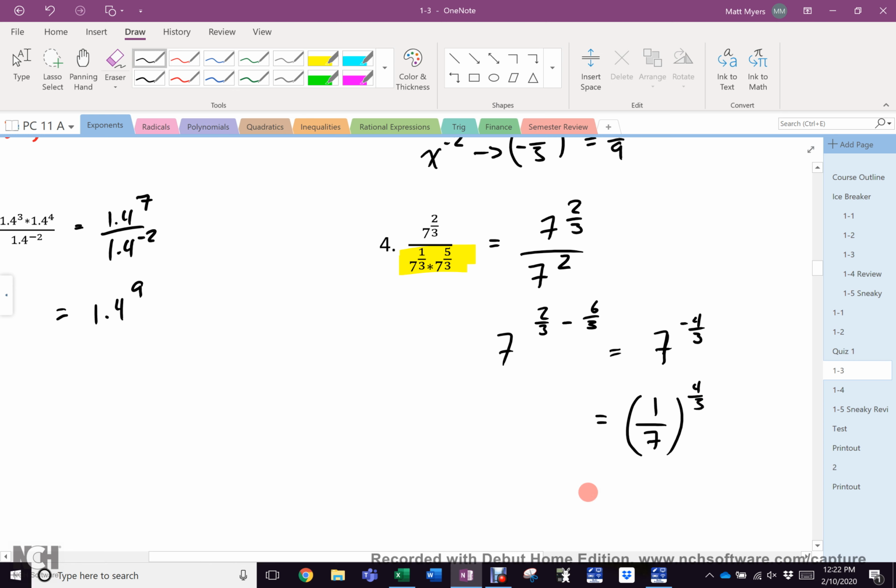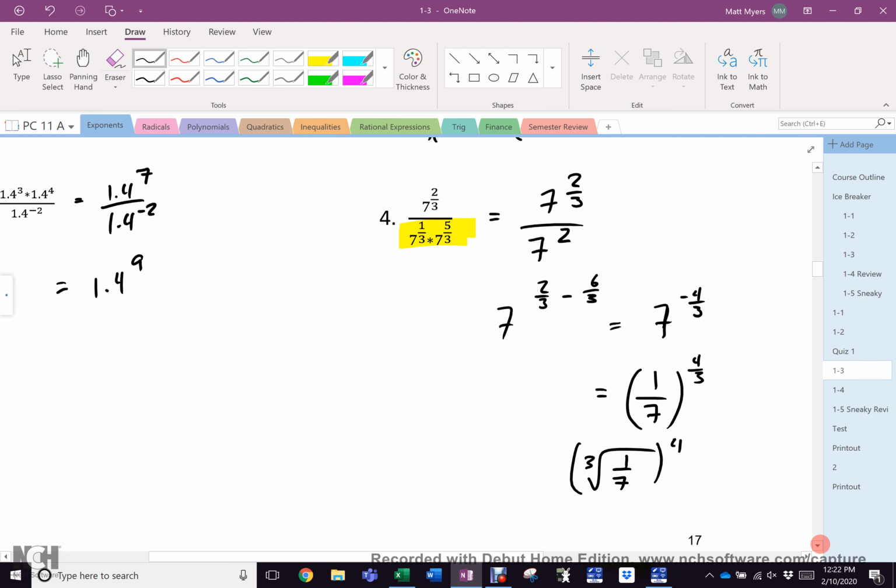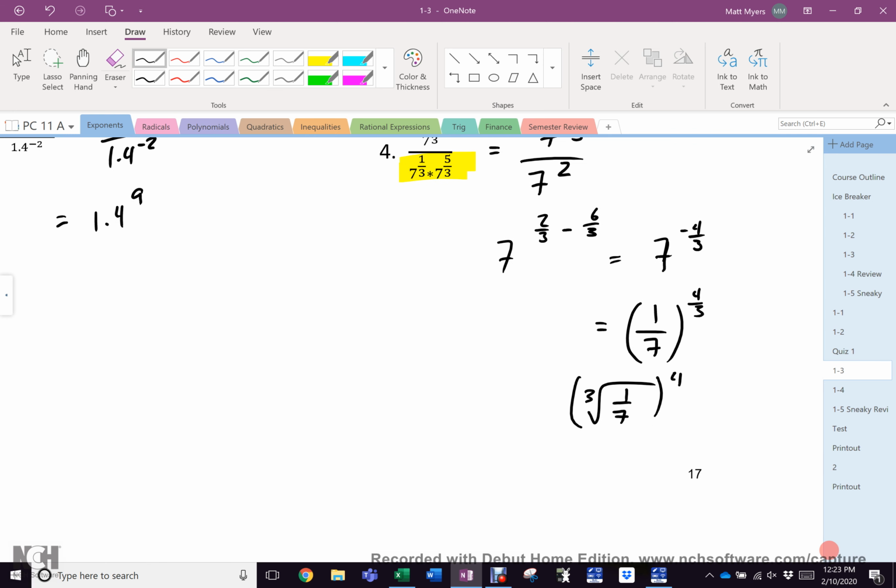I could go the cubed root of 1/7 all to the 4th power. Is that a right answer? Is there more math we could do? Does 1 have a cube root? Really? 1. 1 times 1 times 1.